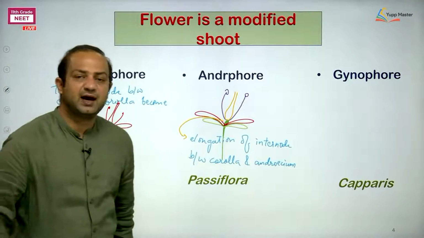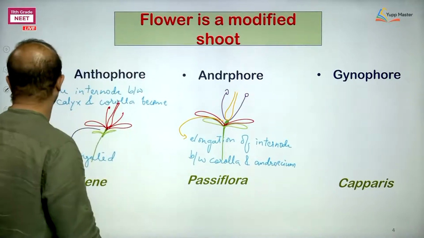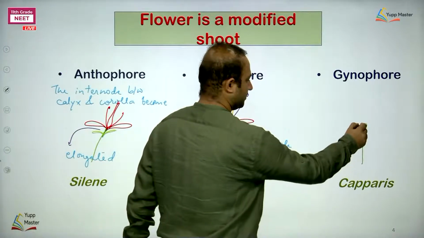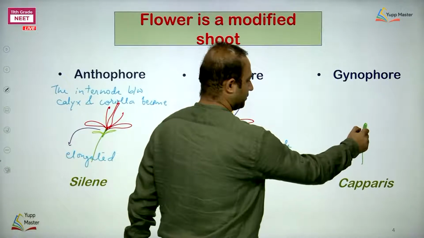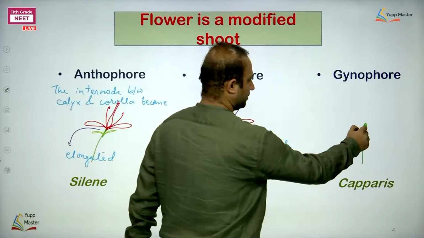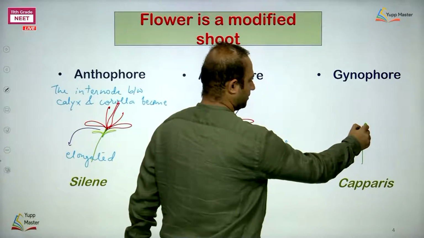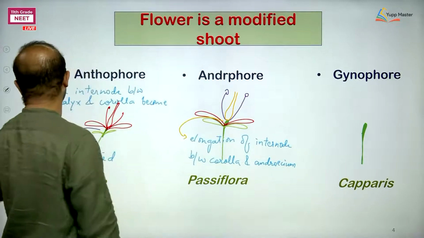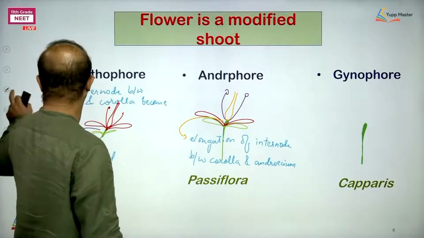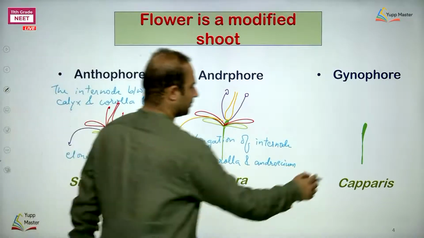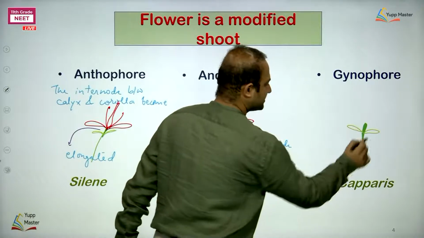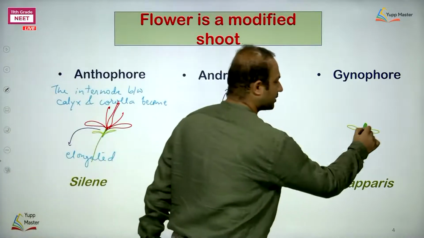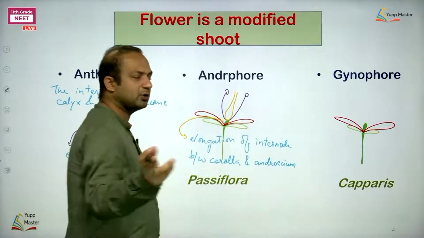The same will be the case if the gynoecium is much separated from the androecium. When we are mentioning these things, sepals, petals, androecium, they all are closely located, seeming to be from the common point.